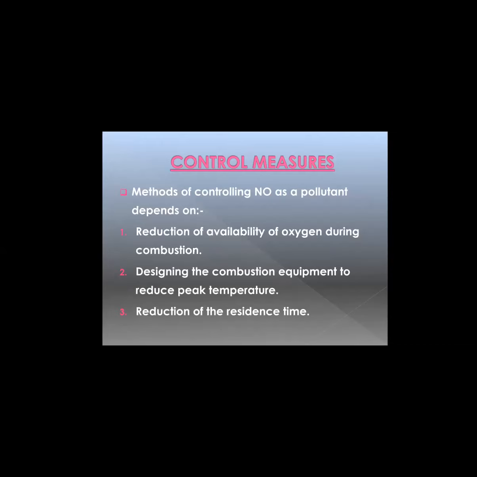So this, my dear friends, is about the three different aspects which we need to consider for the control measures of oxides of nitrogen. Now, the various methods that are being used follow this particular guideline.